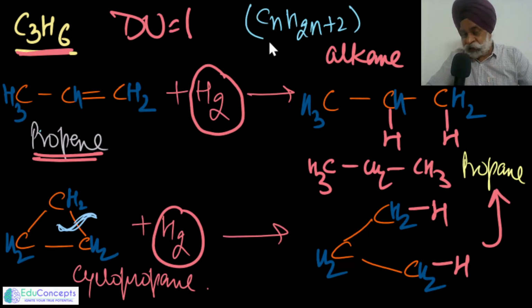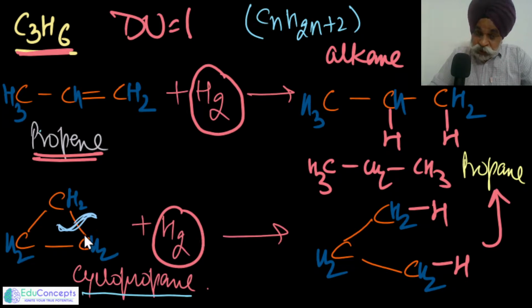Is it okay? Alkane is the maximum hydrogenated compound. More hydrogens can never be added into it. Similarly, to cyclopropane, if I add 1 molecule of hydrogen, 1 pair of hydrogen atoms, a pair contains 2 hydrogen atoms, it tends to become an open chain alkane. So we will say the degree of unsaturation for this compound is also 1.